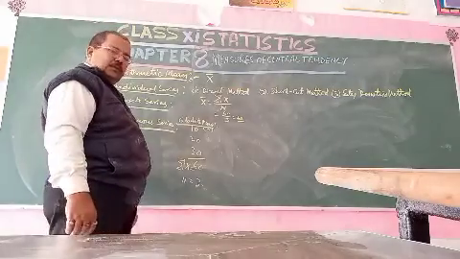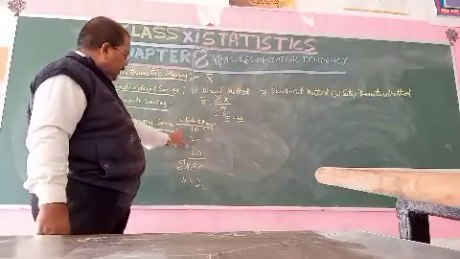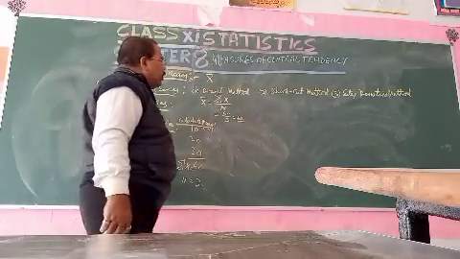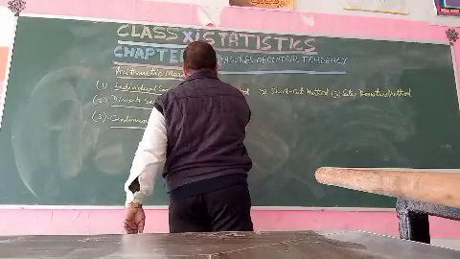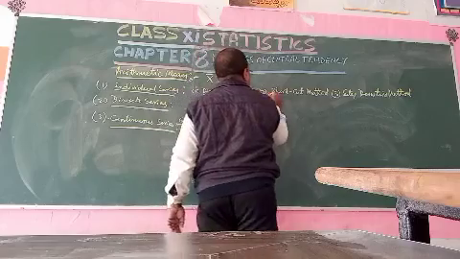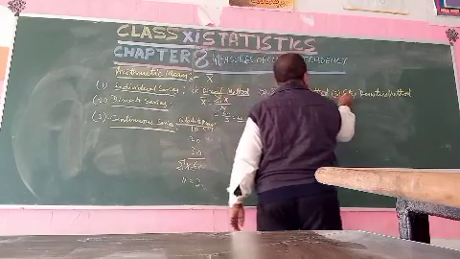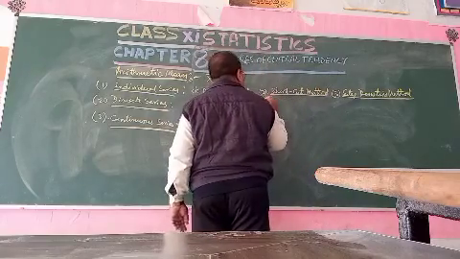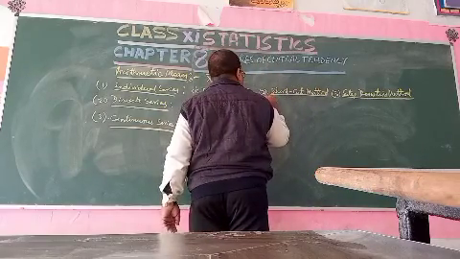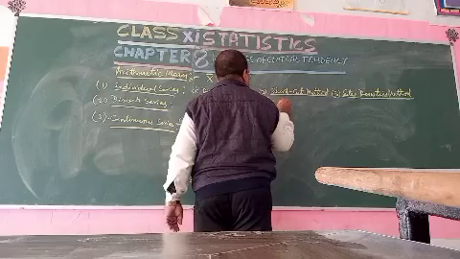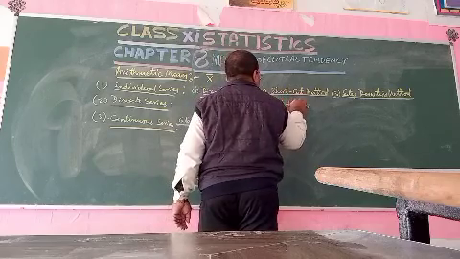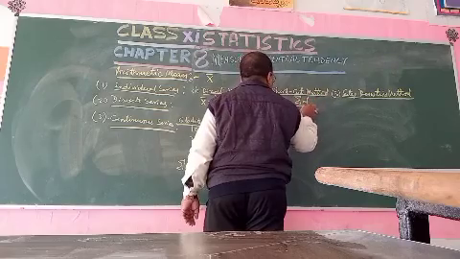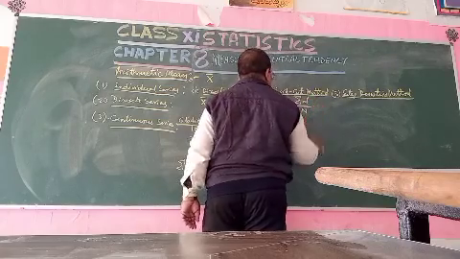Let us calculate the same numerical with the help of the second formula, that is shortcut method. This is the direct method, this is shortcut method, this is step deviation method. Under shortcut method, the formula is x bar, arithmetic mean, equal to a plus sigma d by n.